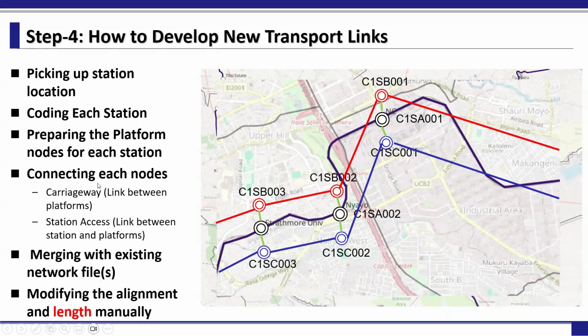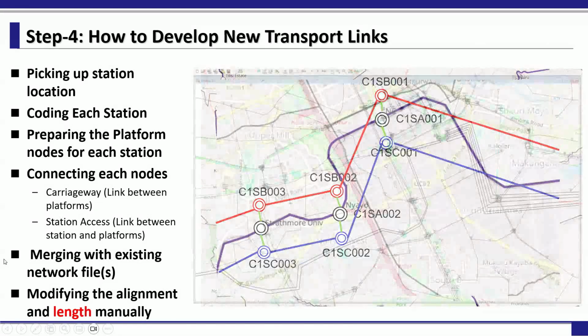When you develop such a railway network with the combinations of links between platforms and links between stations and platforms, you can merge it with the existing network files. Then you can check and observe it in the network editor.